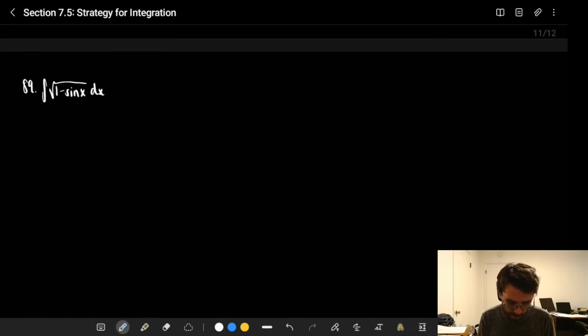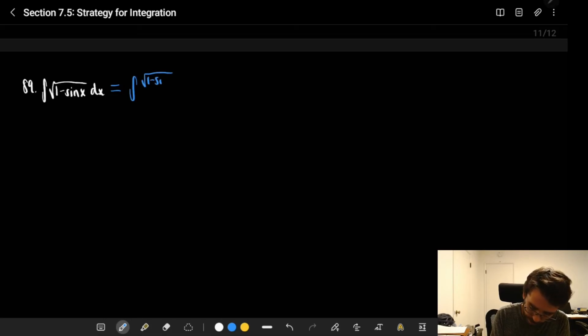89. I mean, who knows? Multiply by conjugate? What else are we going to do, right? So this is like 1 minus sine x over 1 times 1 plus sine x under the square root over itself. Does that turn out nice?